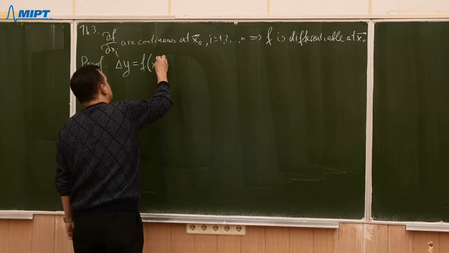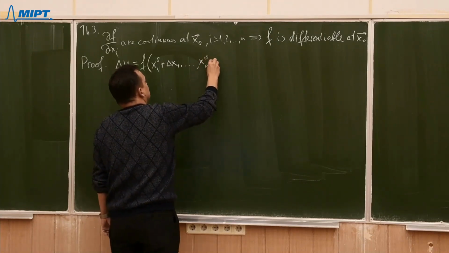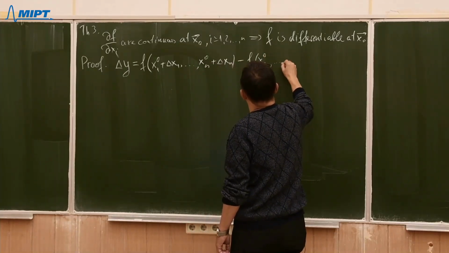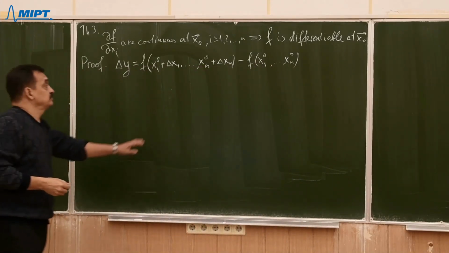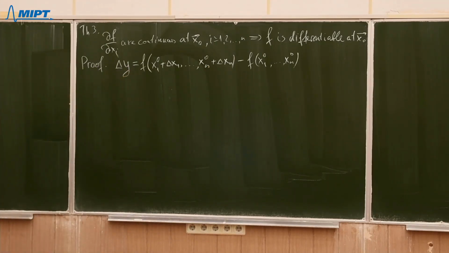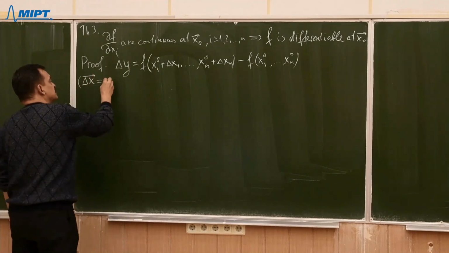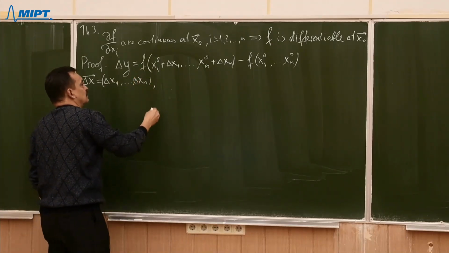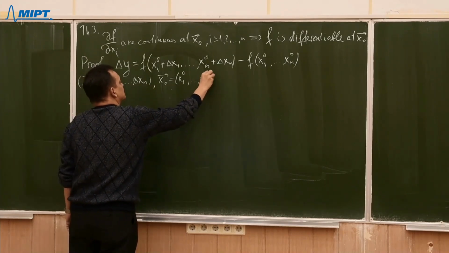So I take every coordinate of the point x naught and add some increment to that variable. And let me recall also that here I suppose that we have a vector of increments delta x1 up to delta xn, and the vector x naught is also given by its coordinates like that.